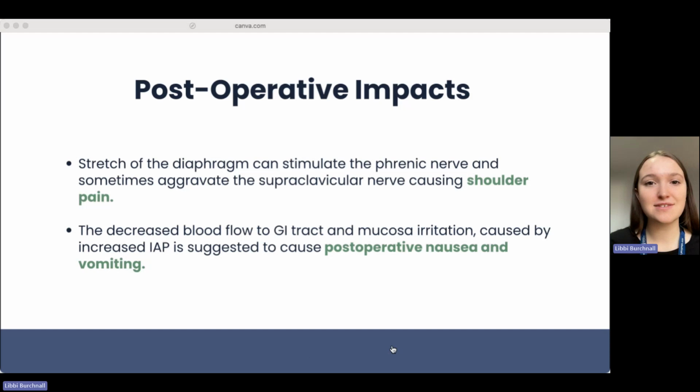The second one on here is not 100% confirmed, but people do suspect that during the operation, when you've got that increased intra-abdominal pressure, you have a decreased blood flow to the GI tract, and you get irritation of the mucosa caused by that increased intra-abdominal pressure, and that can lead to post-operative nausea and vomiting. So a pneumoperitoneum can be one of the contributors to post-operative nausea and vomiting.